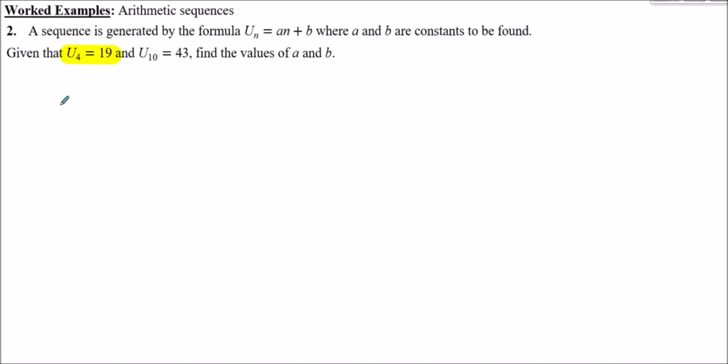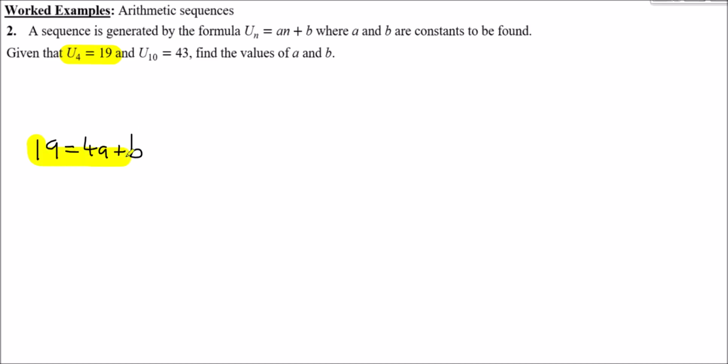that tells us that 19 equals a times 4, 4a, plus b.